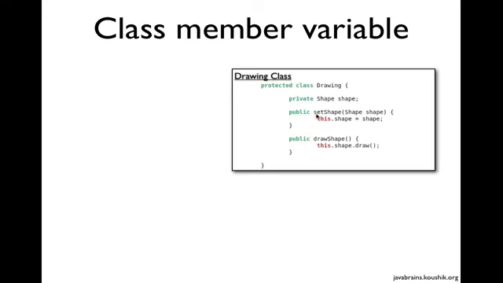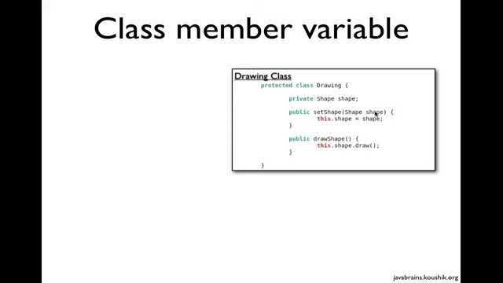Now what I'll do is define a public setter, setShape, and I will take a shape object and set it into this shape. Now this can accept a circle, this can accept a triangle, tomorrow it can accept a pentagon, hexagon. As long as it's a shape, it'll accept this object.